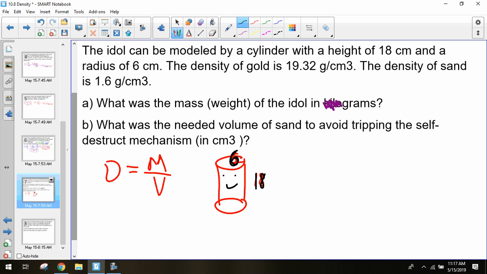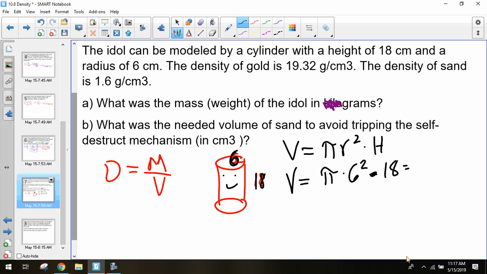Area. So, we think volume of a cylinder is area of the base times height, but area of a circle is just pi r squared. So pi r squared times height essentially is the whole volume. That's a formula we've used before. So our radius we are told is 6, and then our height is 18.